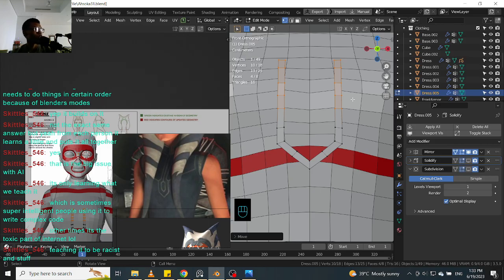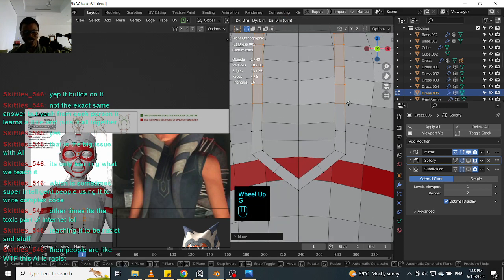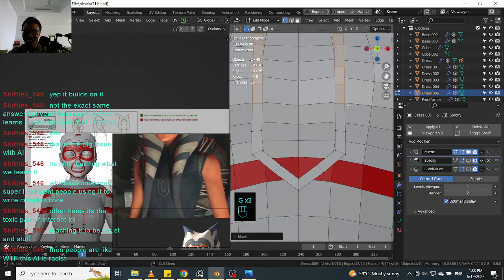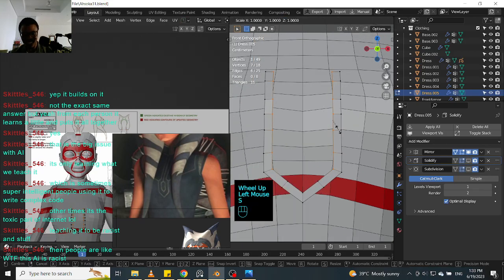Sometimes it's superior intelligent people using it to write complex code. Other times it's the part of the internet teaching it to be racist and stuff. Oh damn. Oh wow.